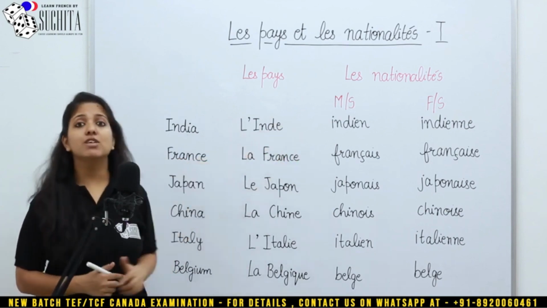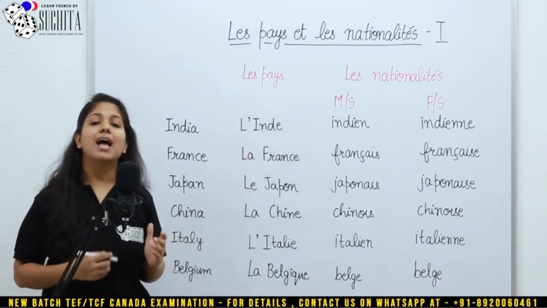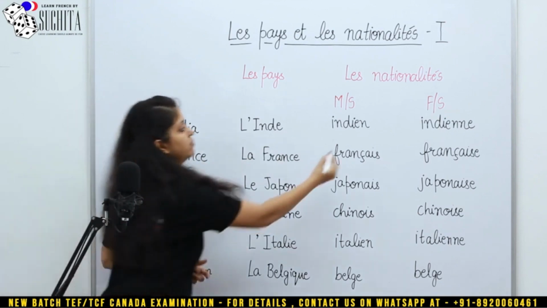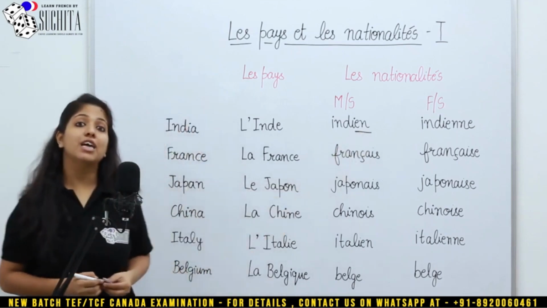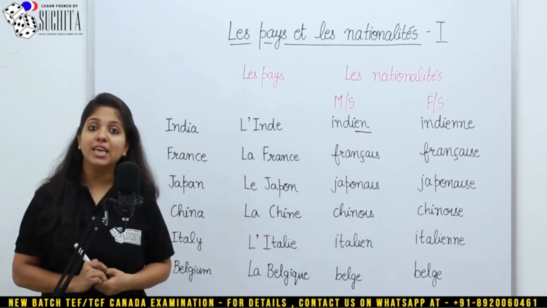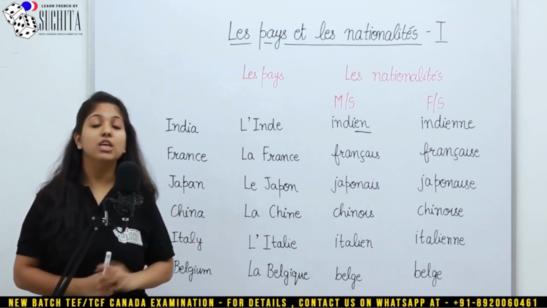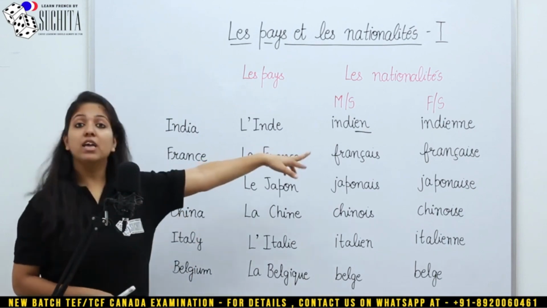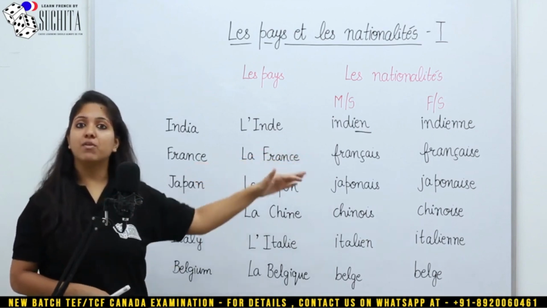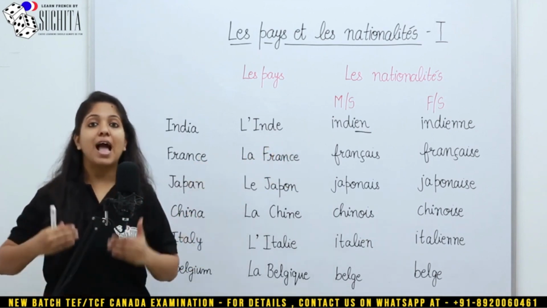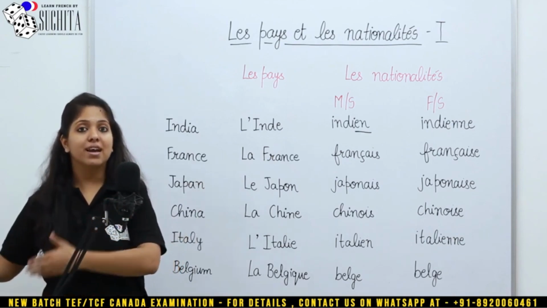The first one is indien. The adjectives which end with en, in order to make their feminine, you put E-double-N-E always. That is why in indien, I have applied E-double-N-E. India, l'Inde. Indien, indienne.